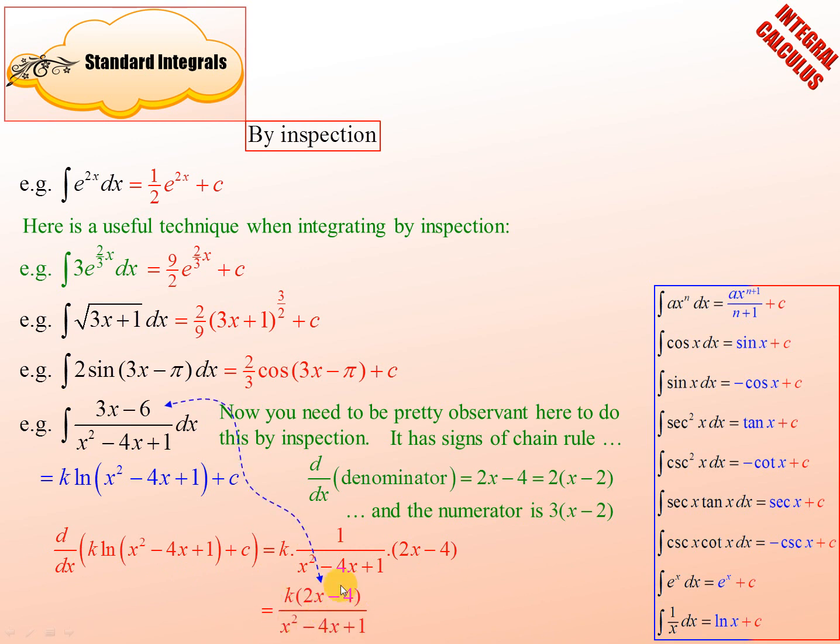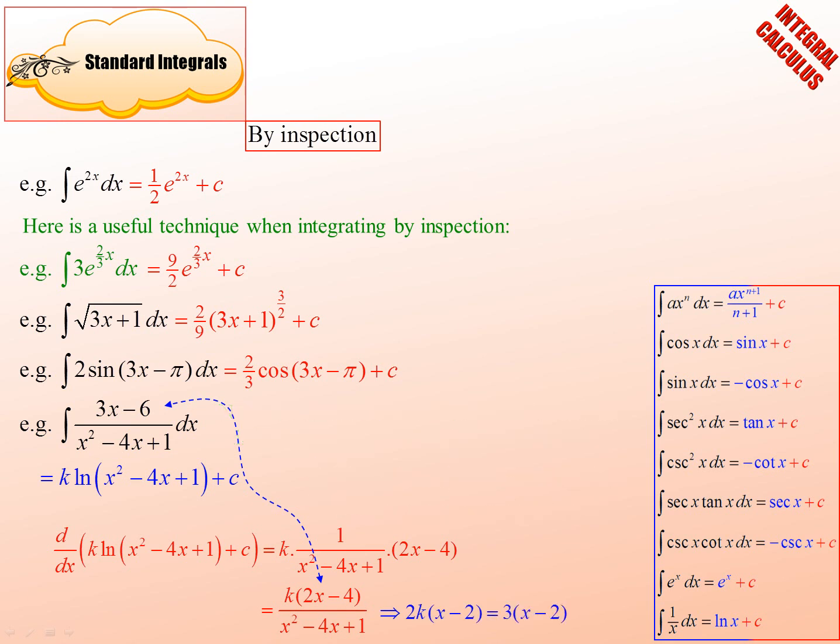So we have what in effect is 2k into x minus 2 and 3 into x minus 2. Let's equate them to one another, which gives us that k is 3/2. So therefore 3/2 can come back here and it'll make this derivative of our integral exactly the same as what we're integrating.